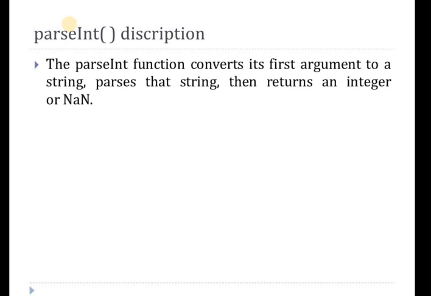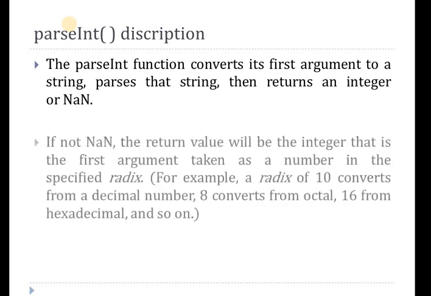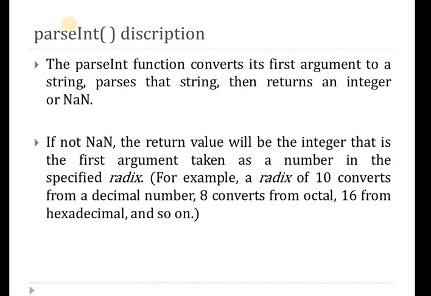There is a certain condition under which it will return not a number. If not NaN, the return value will be an integer, that is the first argument taken as a number in the specified radix. For example, a radix of 10 converts from a decimal number, 8 from octal, and 16 from hexadecimal, and so on.